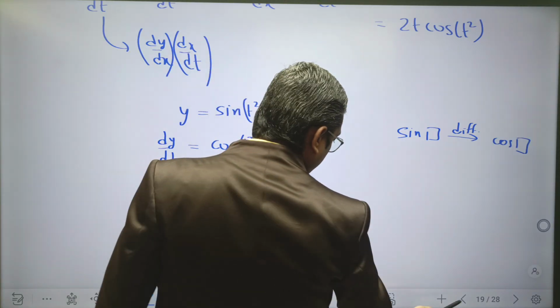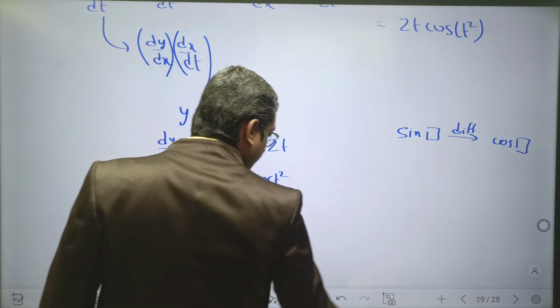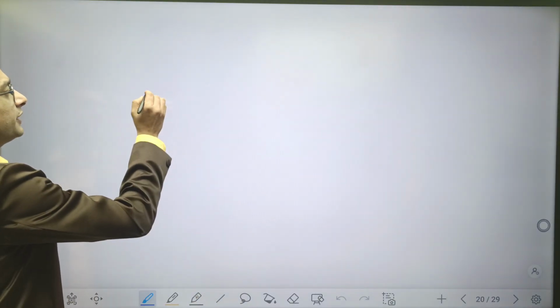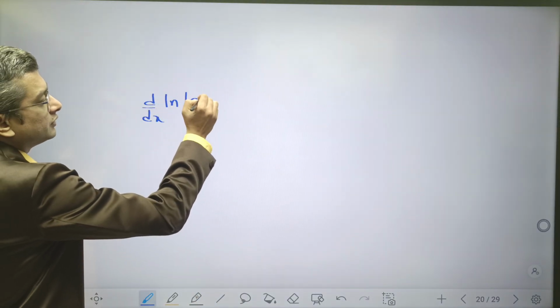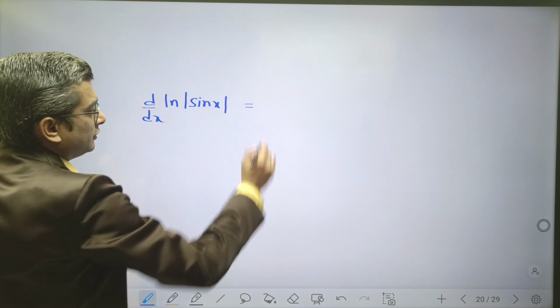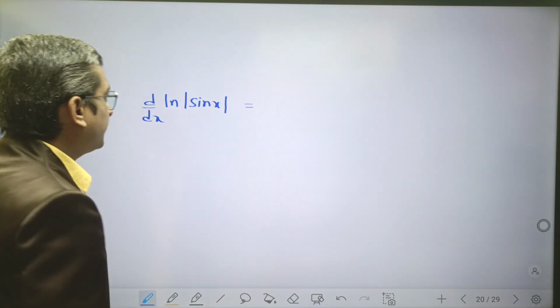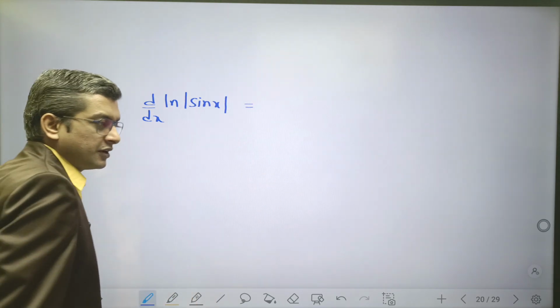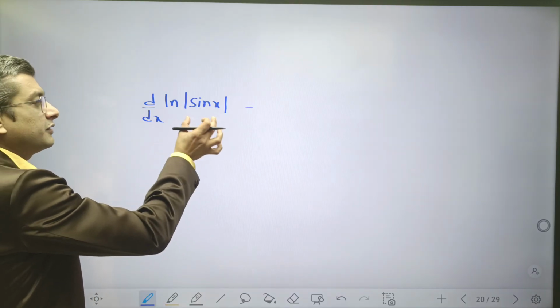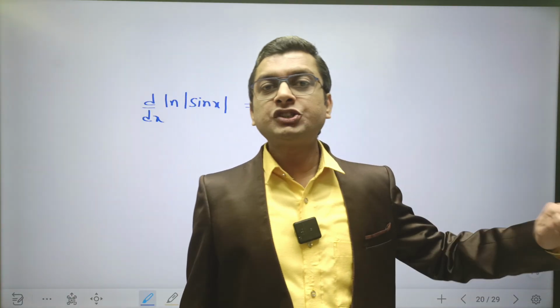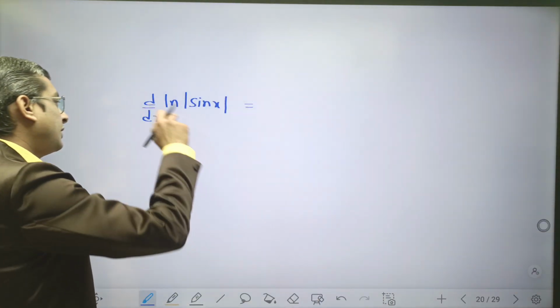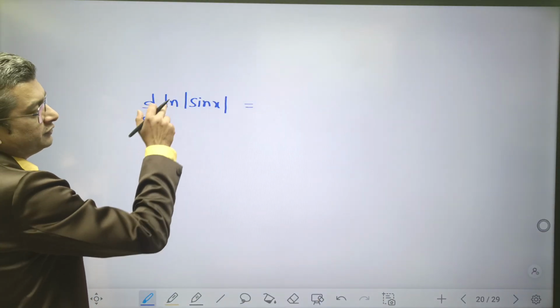Now there are many examples. Suppose I am taking another example. If I write d by dx of log of sin x. Now observe carefully. Here the first function is log, and we are taking log of sin x. It is again the case of function of function. So when you move from left to right, the very first function you come across is log of sin x.